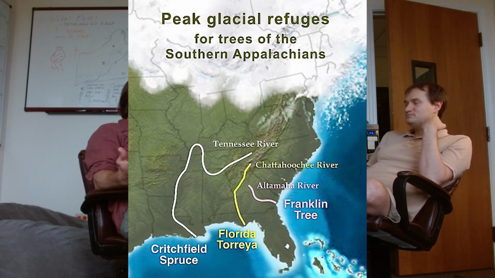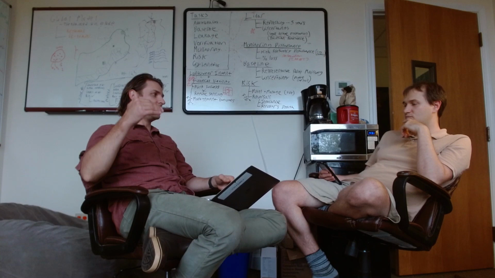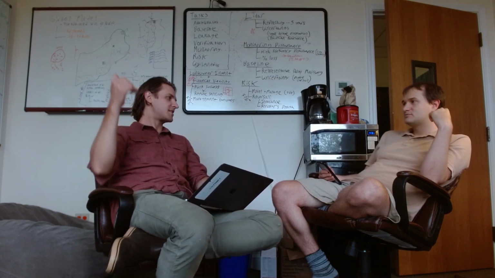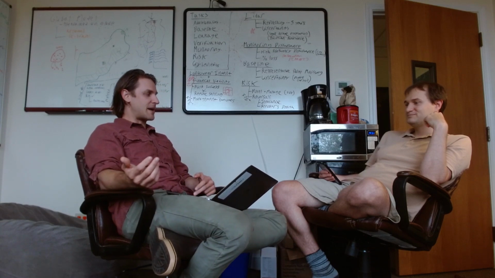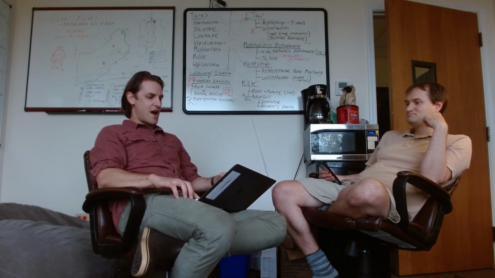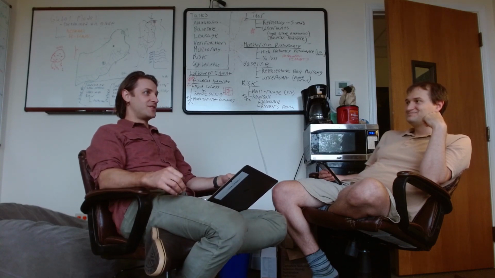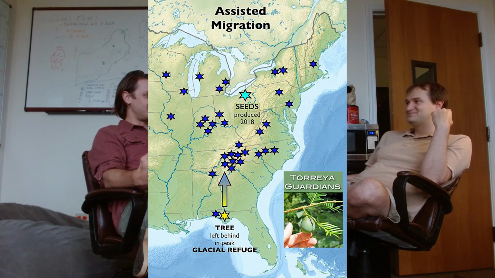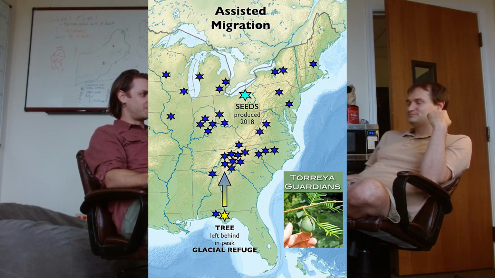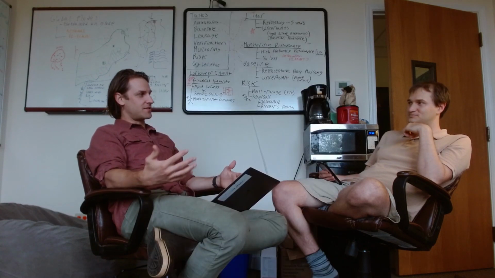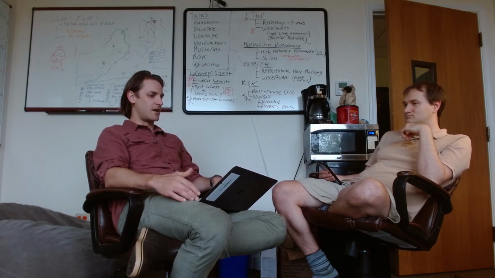It likes colder areas, but somehow it failed to track the colder temperatures up the east coast, and as a result its population is decreasing. It's not doing well, but there are very enthusiastic efforts to try to move this species north, but there's pushback because it's introducing a species into a new area outside of its range. It would be an example of range expansion.